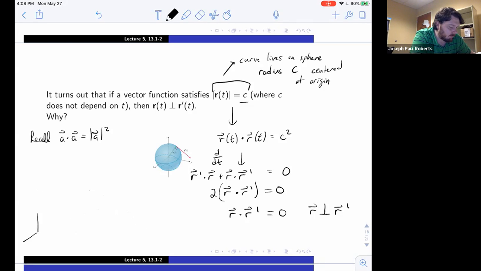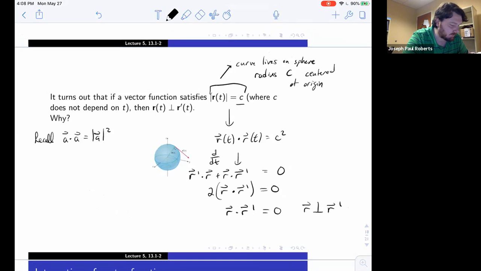Sorry, I always forget to do this. For those of you watching on YouTube, there's a question in chat that says, would this always be true, even if you're not trapped on a sphere? And the answer is no, so that's what I just tried to draw.